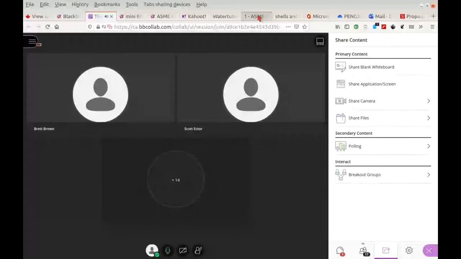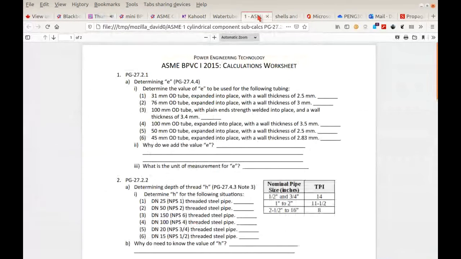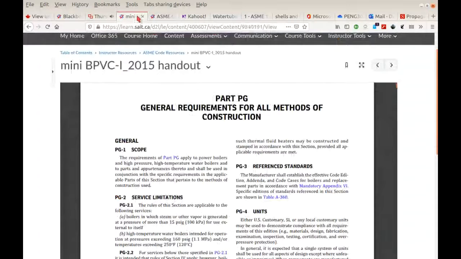There you are. Can you see my mini BPVC section 1, part PG?